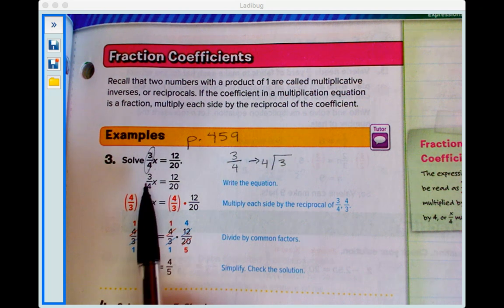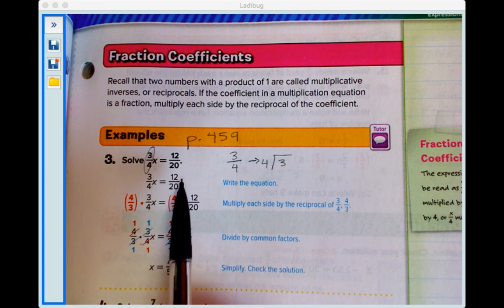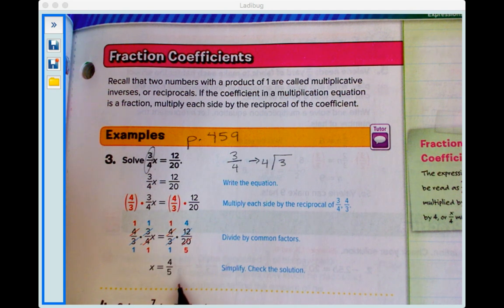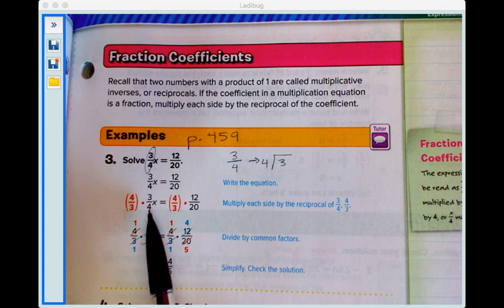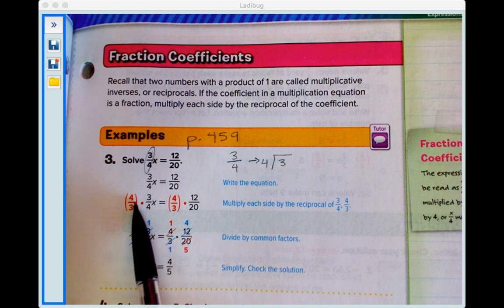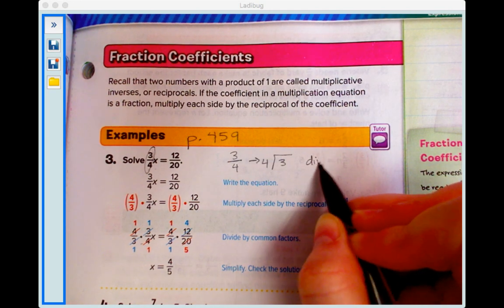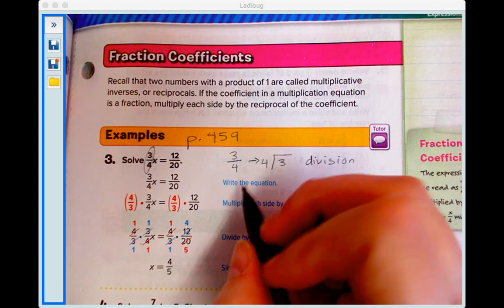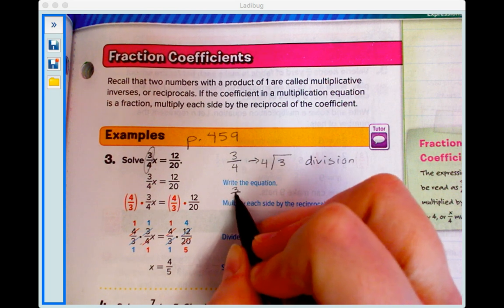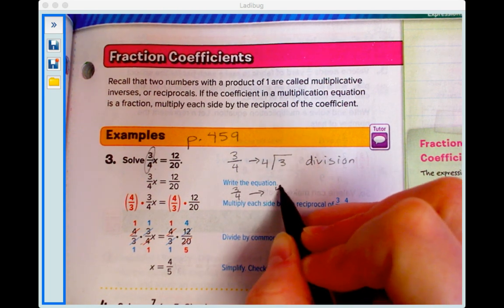So 3 over 4x equals 12 over 20. To get rid of that, you need to multiply by the inverse, which is the opposite. So that is a division problem up here, and inverse means the opposite.